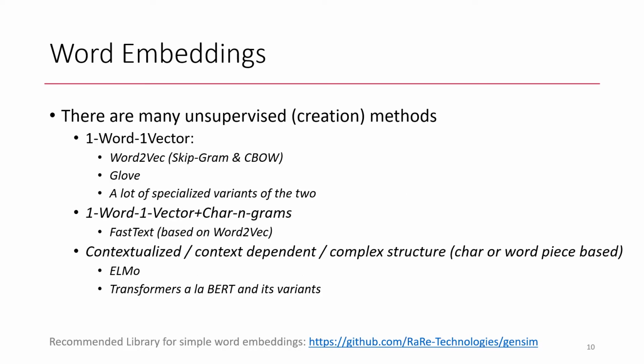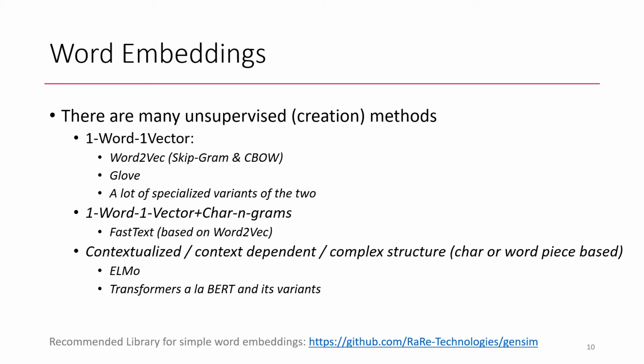For word embeddings, we have many unsupervised creation methods, and I try to classify them here for you. So we have a one word equals one vector type of class, which includes word2vec, GloVe, and other specialized variants of the two. Then we have one vector per character n-gram that can be summed up to one vector per word, which is FastText, which is based on word2vec.